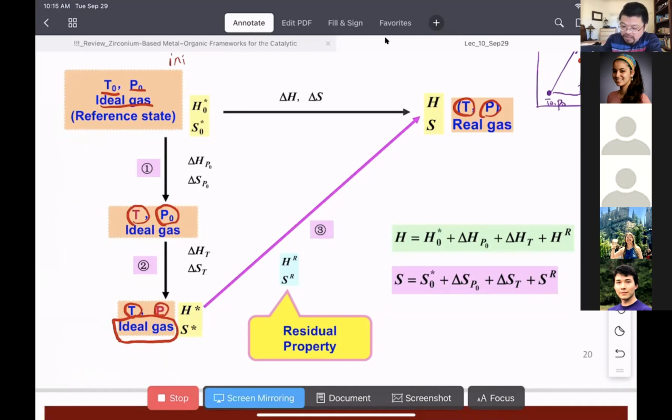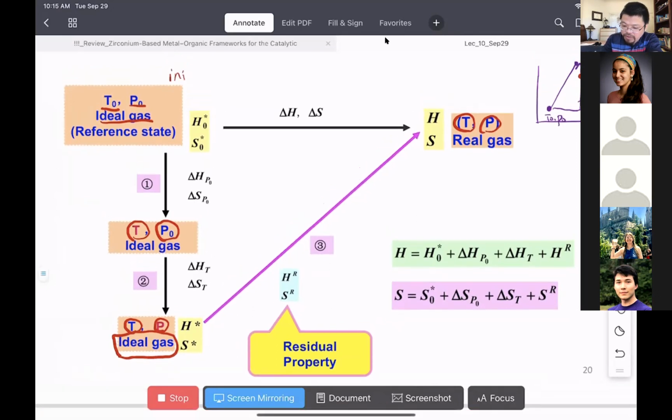So this is exactly what we have. We move this to T and P naught, and now we move this to T and P. Not exactly at the final, but we assume this is behaving like ideal gas. And then lastly, of course, we need to move from the imaginary ideal gas behavior at TP to the real gas at TP.